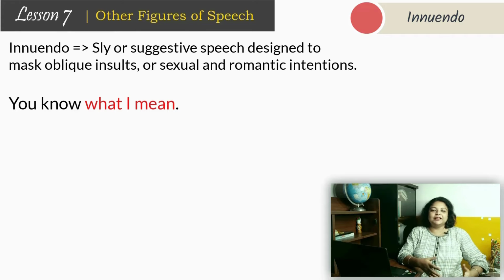So whenever you see the expression, you know what I mean, then chances are that there was an innuendo just before that. All right. So remember the difference between euphemism and innuendo. Euphemism makes things kinder to hear. It has no hostile or hateful intentions, but innuendo usually has hostile, darker intentions or is sexually suggestive.